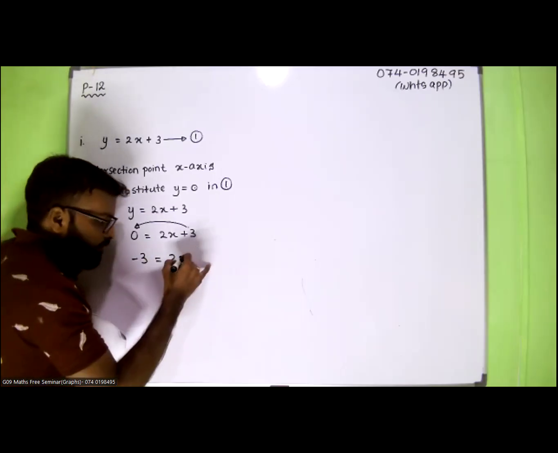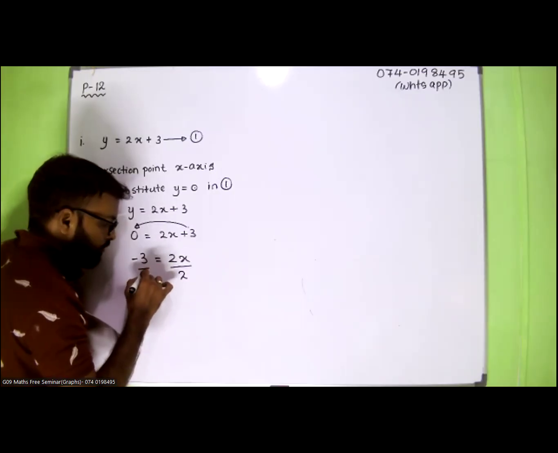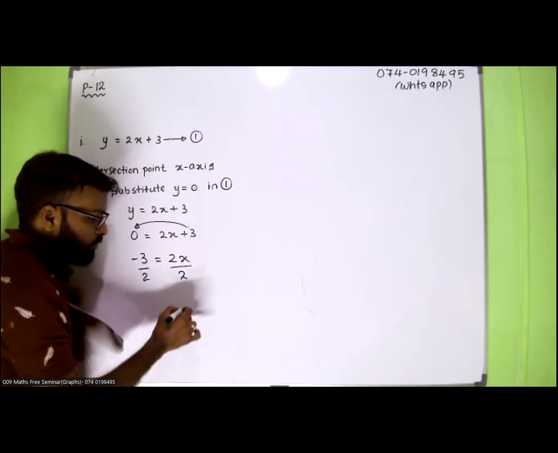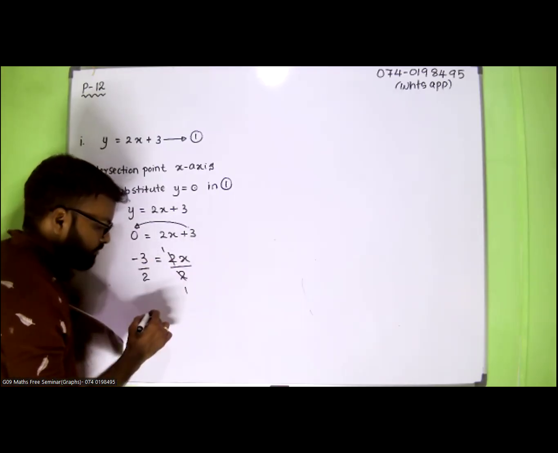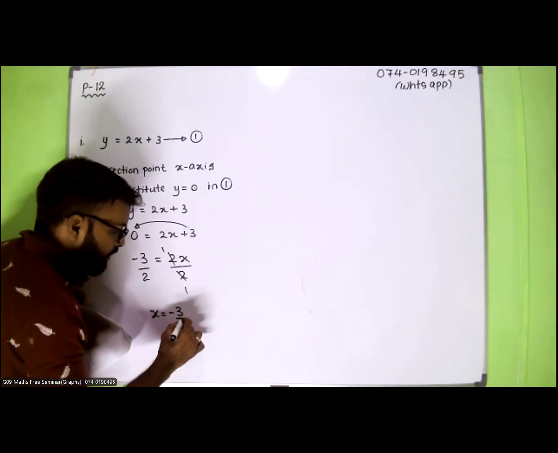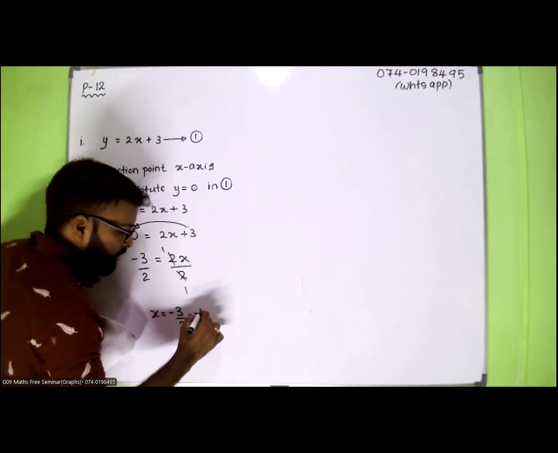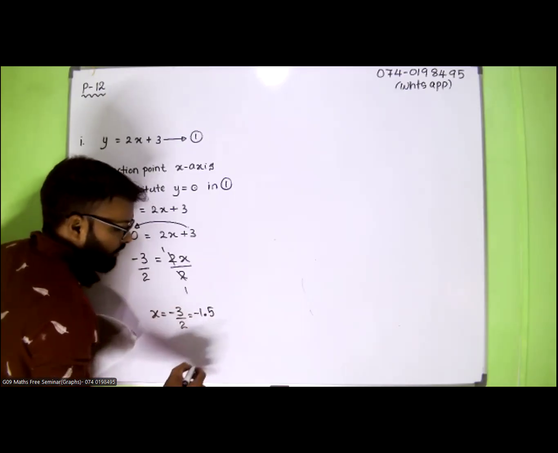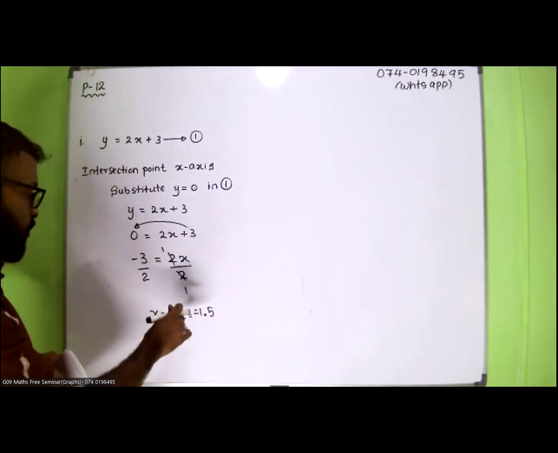If you want to find the value of x, you divide both sides by 2. So x equals negative 3 divided by 2. In another way, this is negative 1.5.